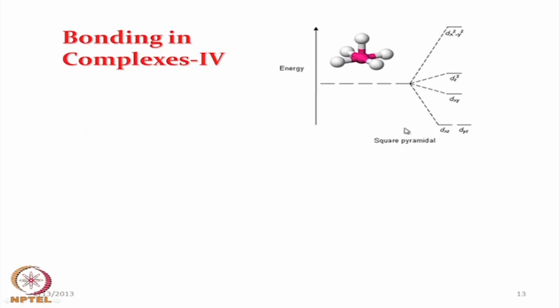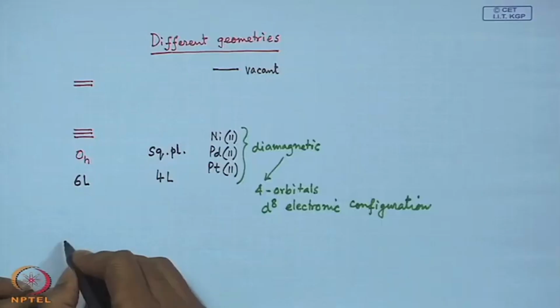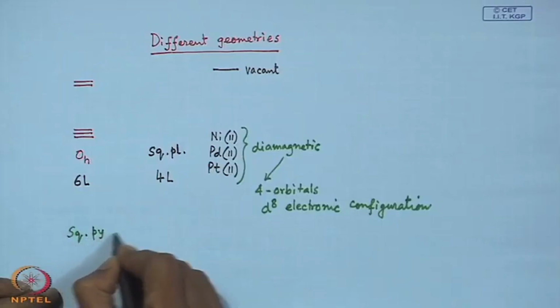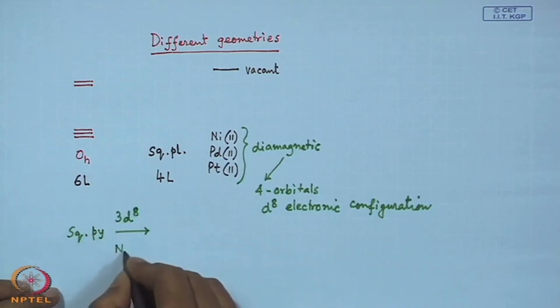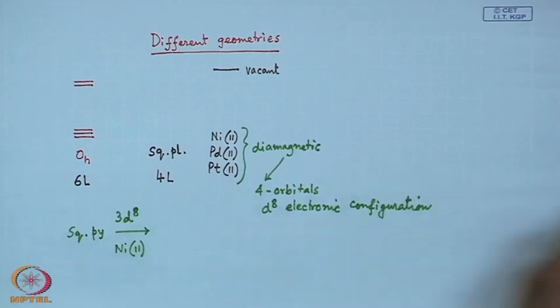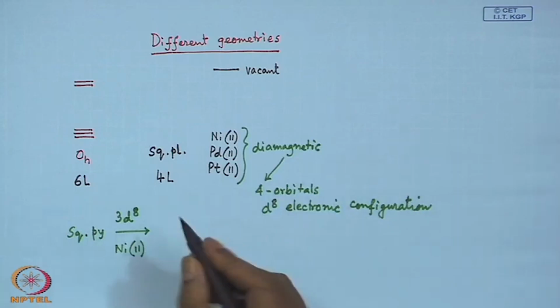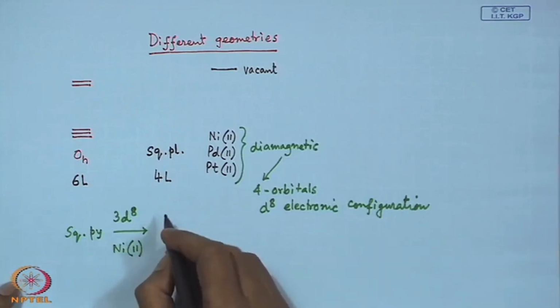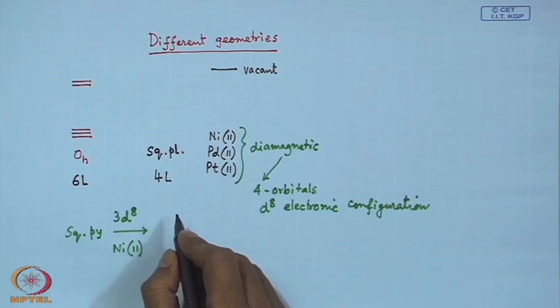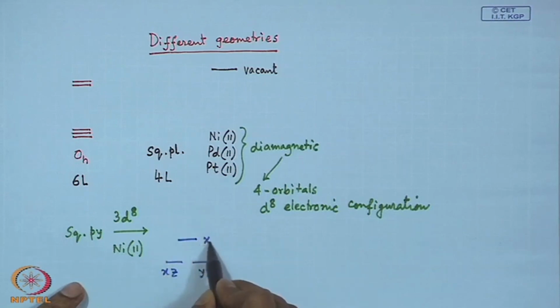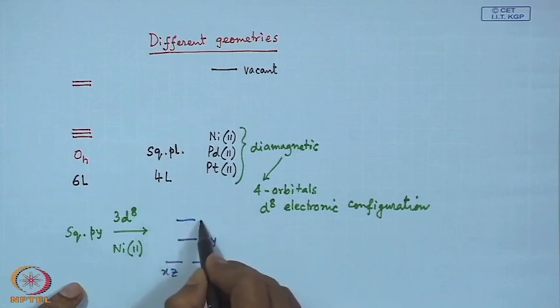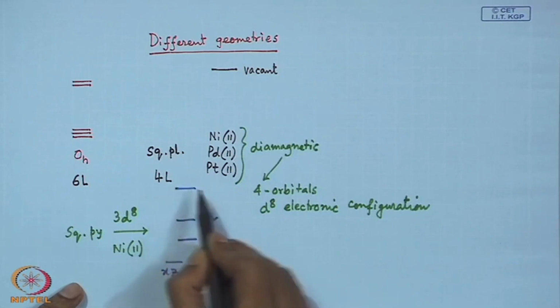If we are going to write it, how can we write it? We can write it for square planar to square pyramidal, say for nickel 2 plus, which is 3d8, and this 3d8 situation can be handled very nicely if we consider the corresponding levels as xz and yz, then we have the xy, then z square.